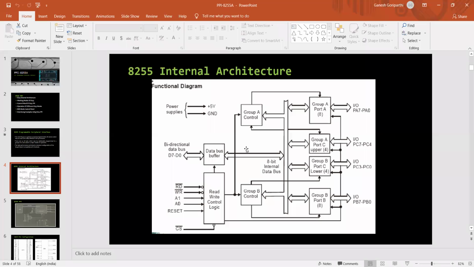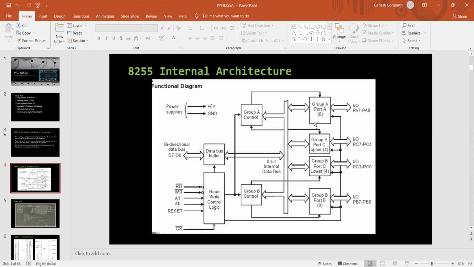As I told you, you will have three different ports, each having 8 pins, and you may use them as input pins or output pins. That means you may connect either input devices or output devices, and those 3 ports are port A, port B, port C. These 24 pins are categorized into 2 groups, each group consisting of 12 pins.